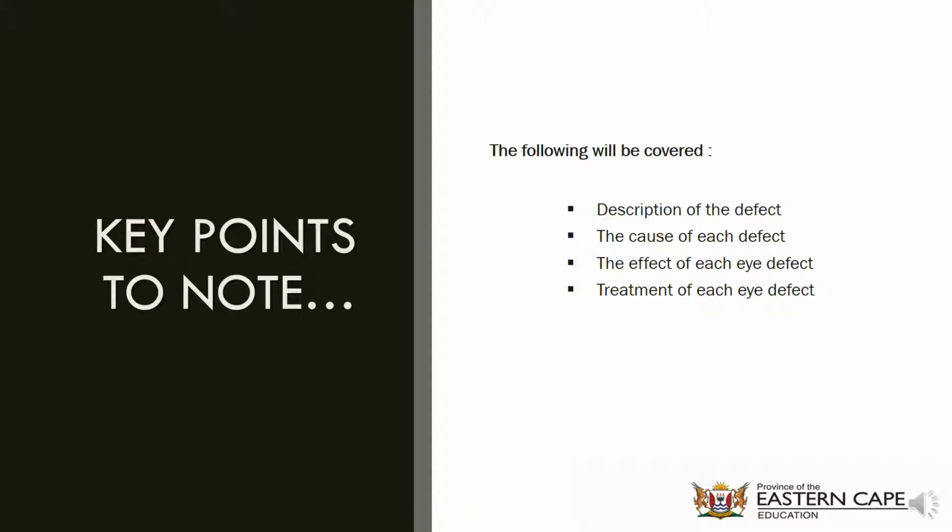What causes that particular eye defect? And what is the effect of having that particular eye defect on how you view images? And lastly, how are we able to treat this eye defect? And most of the eye defects that we're going to look at do have remedies in which we can correct them.